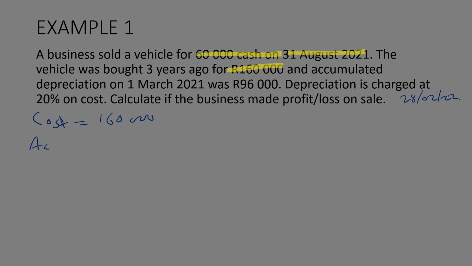Accumulated depreciation at the beginning of the year is 96,000. Right, so if you are faced with this situation, the selling price is 60,000. Right, so you see this accumulated depreciation is the opening balance.